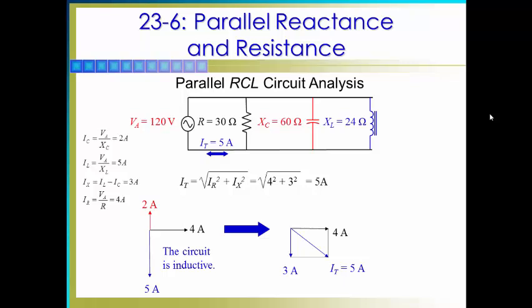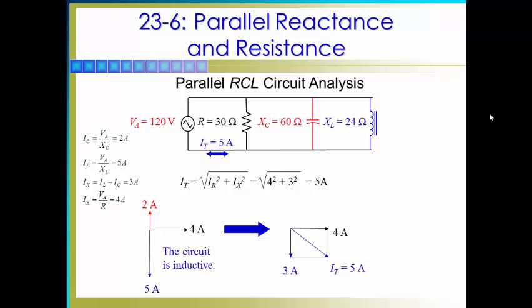Dividing that voltage by 60 ohms gives us the current through the capacitor, 2 amps, and the current through the inductor is found by dividing 120 volts by 24 ohms, which gives us 5 amps. So the net inductive current is 5 minus 2, which gives us 3 amps. That 3 amps is squared and added to 4 amps squared, which is the current through the resistor, and we take the square root to get a total current of 5 amps.